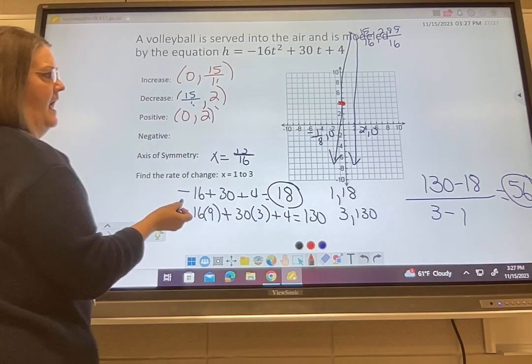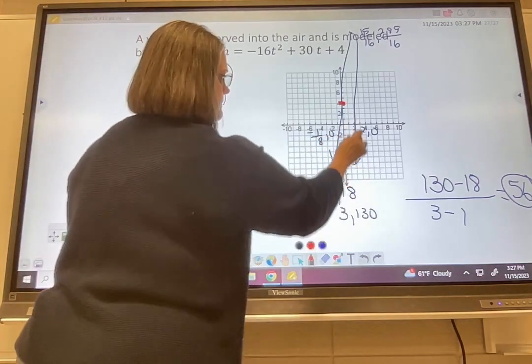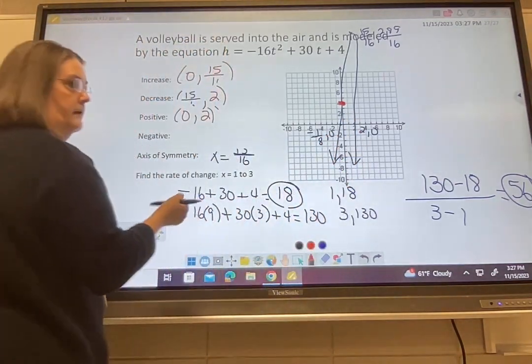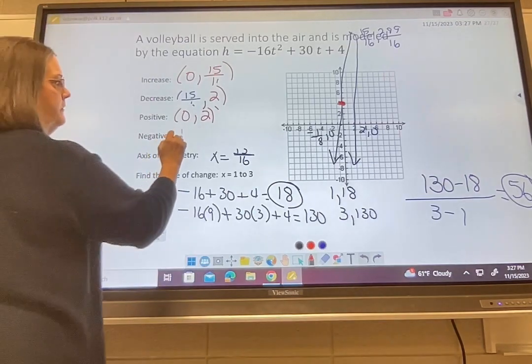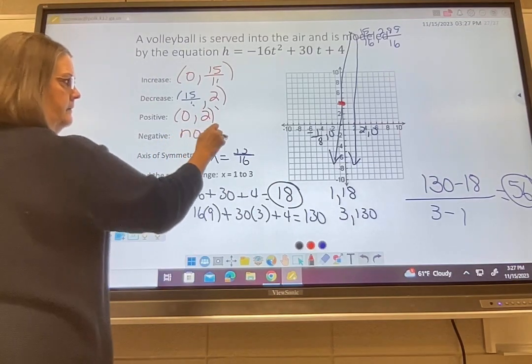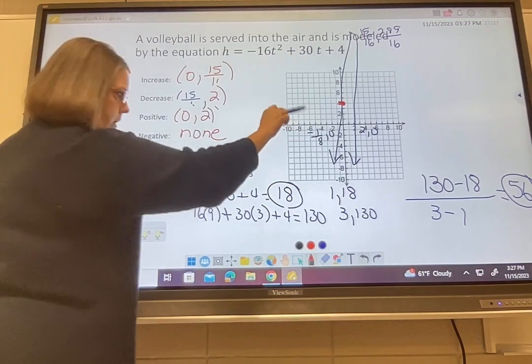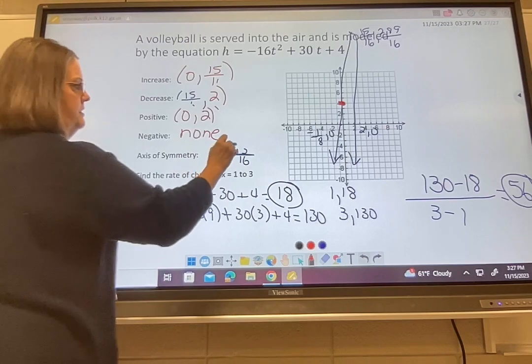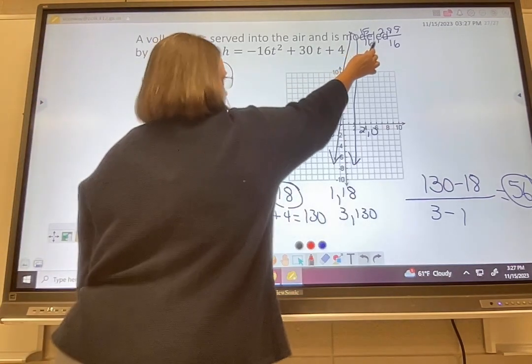Okay, it is negative from 2. Well, the ground, is it going to be negative if it's a volleyball? In real world, no, it's not. Okay, because it's not going to go below. Okay, the axis of symmetry is x equals that 15/16.